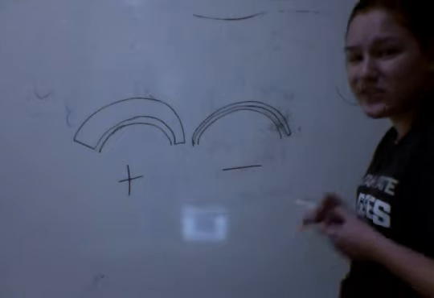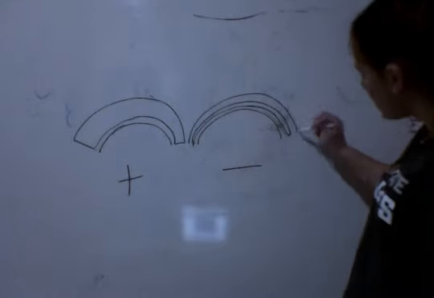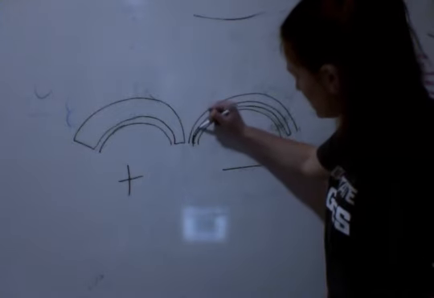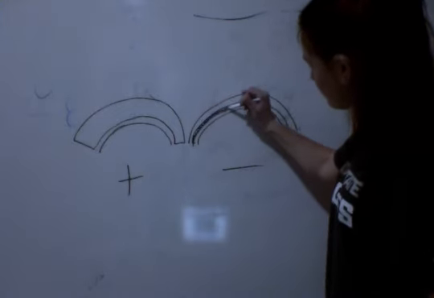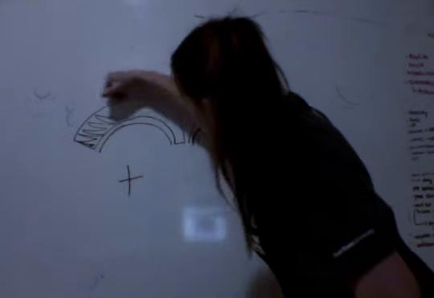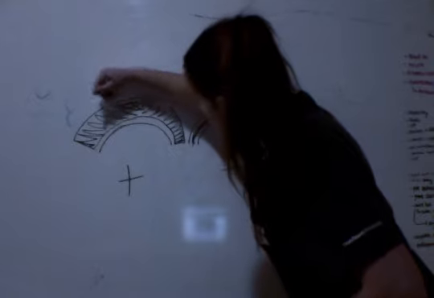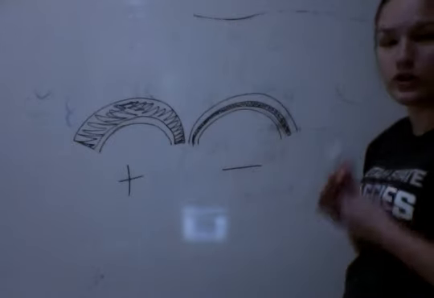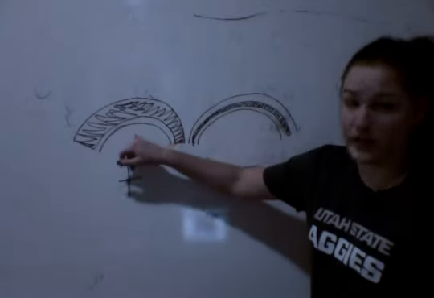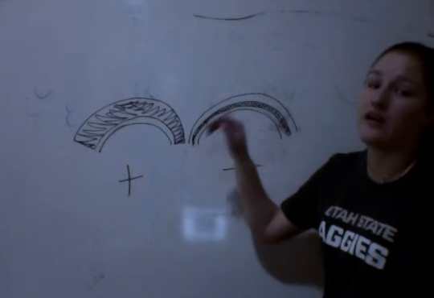The big defining difference is that your gram negative is going to have an extra outer membrane. Let's color this in. So, gram positive, inner membrane, super thick cell wall. Gram negative, inner membrane, thin cell wall, outer membrane.